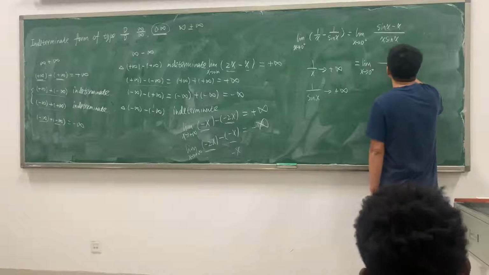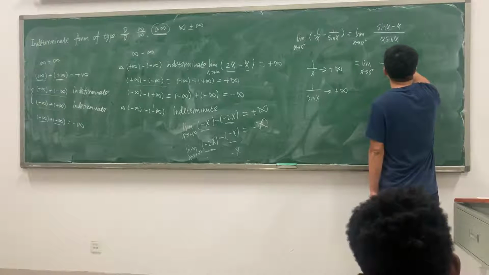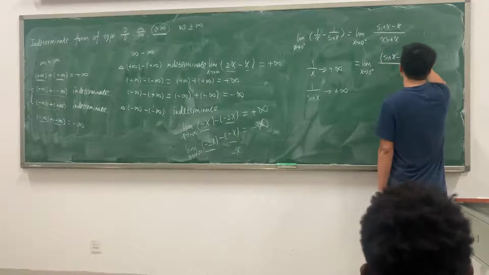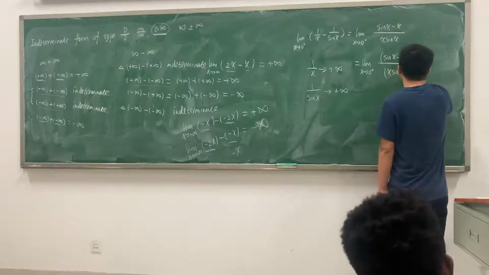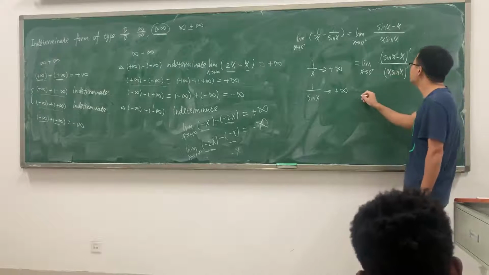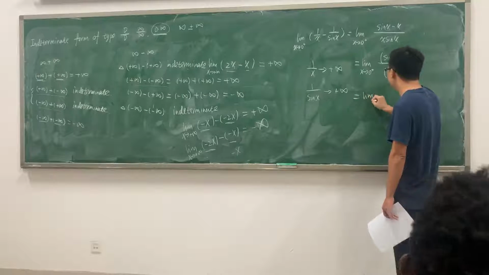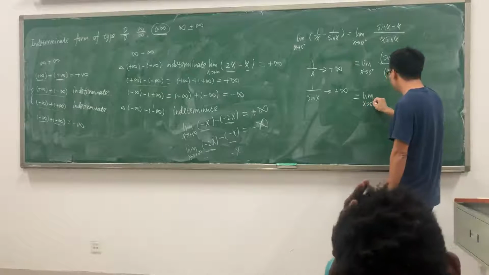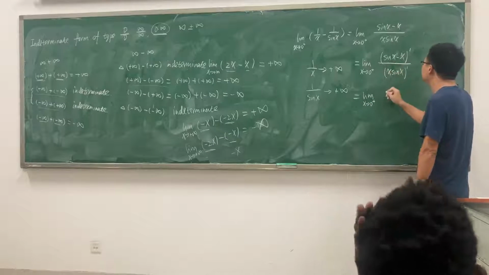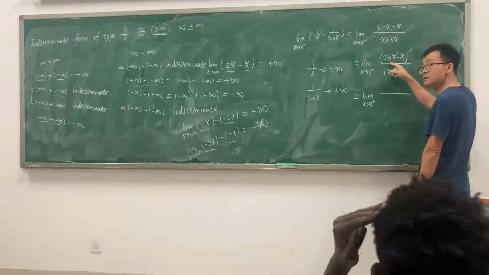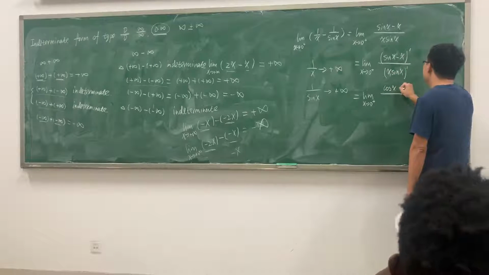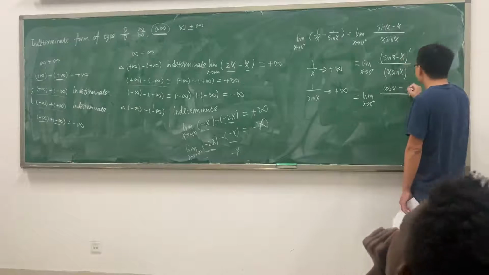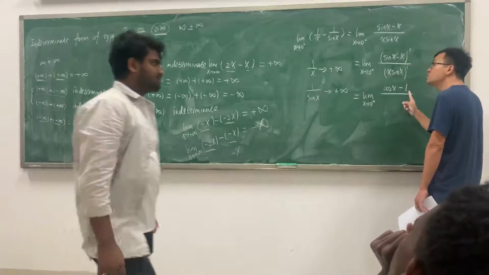So this equals the limit as x approaches 0 from the right of (sin x minus x)' over (x times sin x)'. The derivative of sin x is cosine x, minus the derivative of x which is 1, so cosine x minus 1.